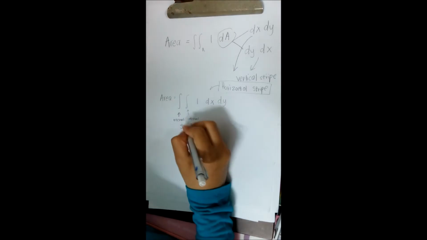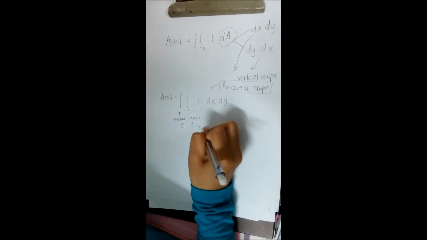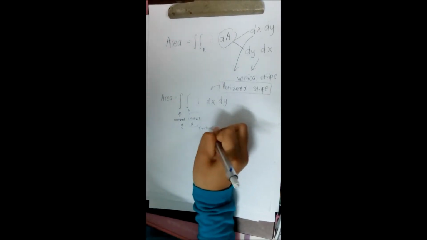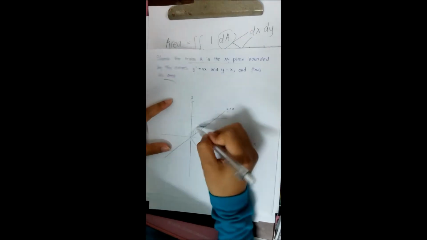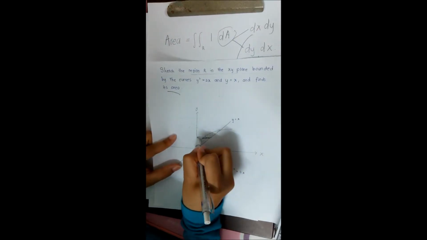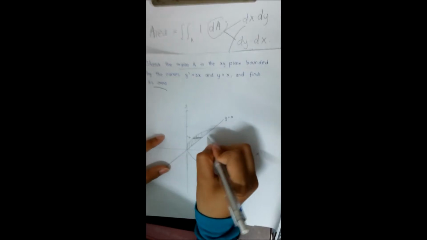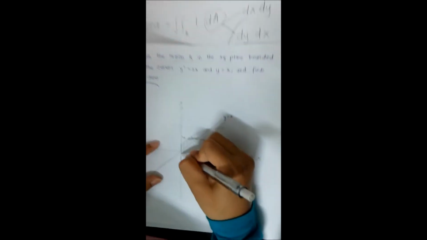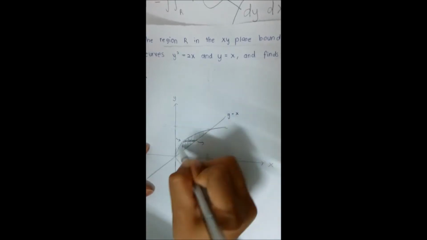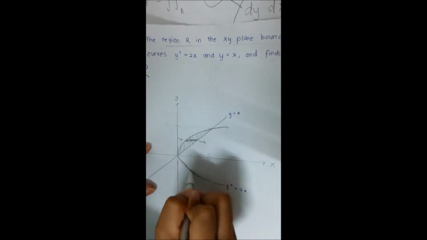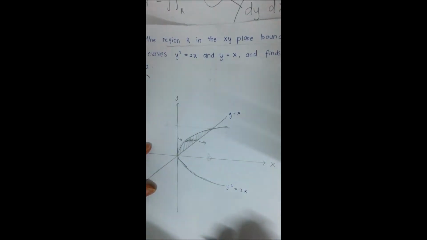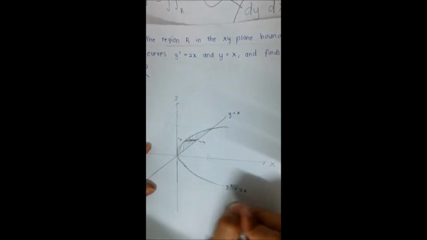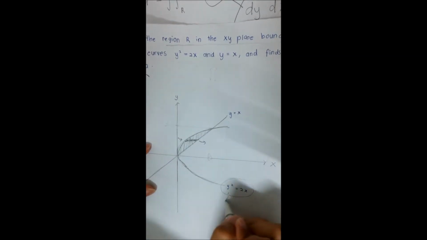The interval x will be the functions of the graph. Okay, so here it is. We have to find the entering stripe and the leaving stripe. So the entering stripe is actually this function, so it will be y squared equals to 2x.